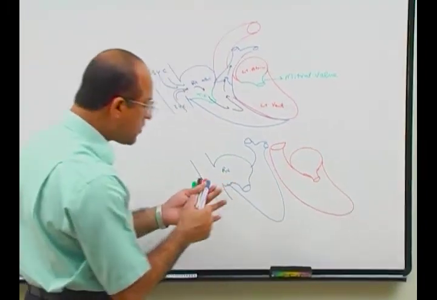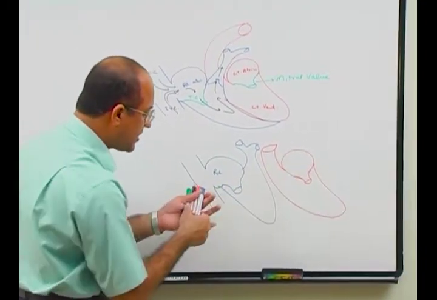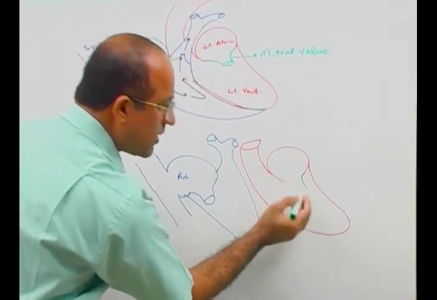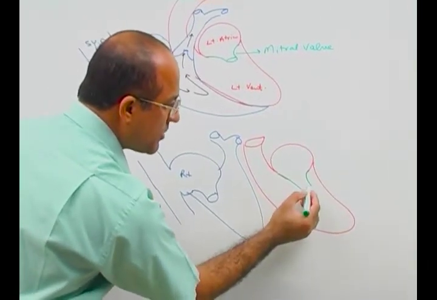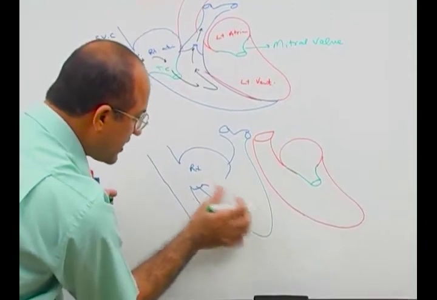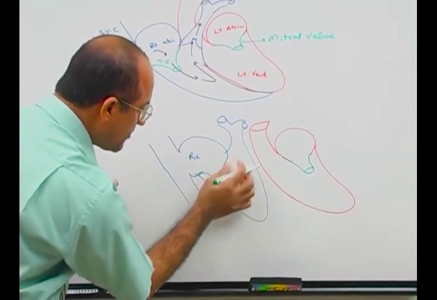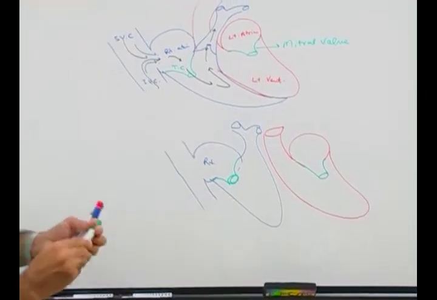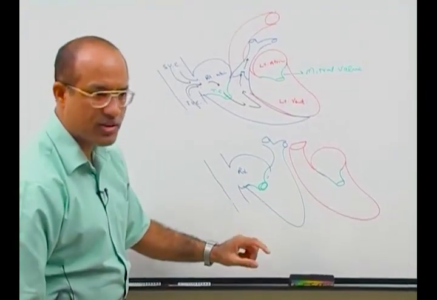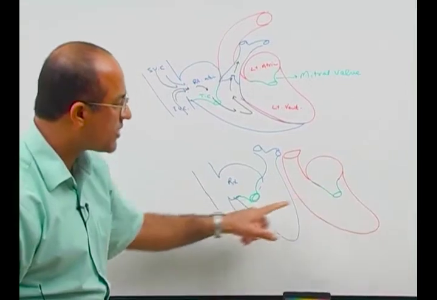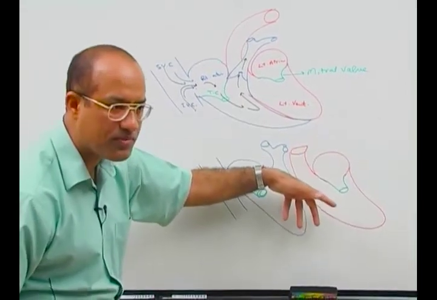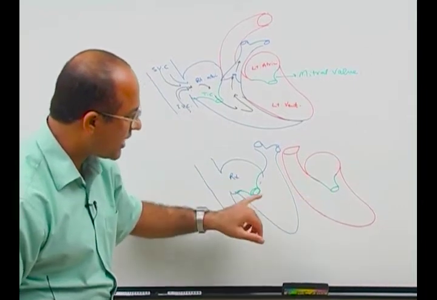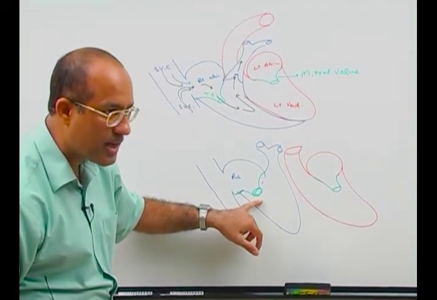Now, the input valve to the ventricle on the left side is the mitral valve. On the right side, the input valve is the tricuspid valve. So as far as the ventricles are concerned, the mitral valve and tricuspid valve are the input valves. Is that right?